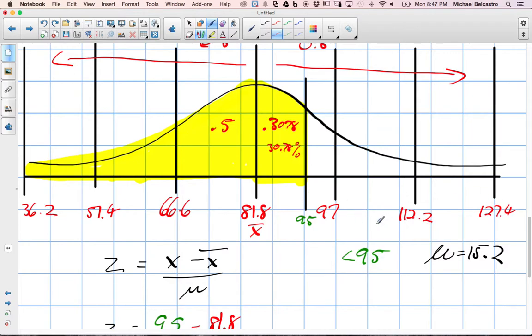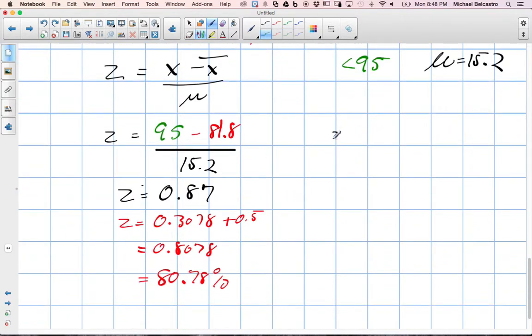What if it was the other way, and they wanted to know how many people have less than, let's pull another number out here, I'm just going to make it up. How many people have less than, I don't know, 60? Okay, how many people in a class have less than 60? We'll do the same thing, right? We build our z-score.